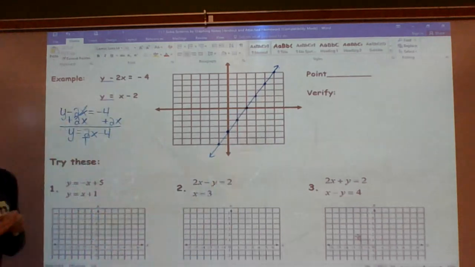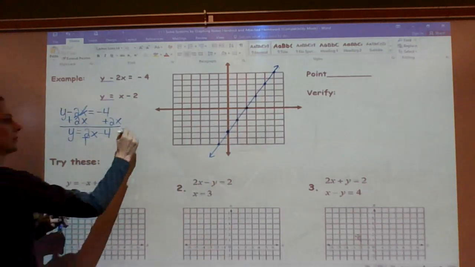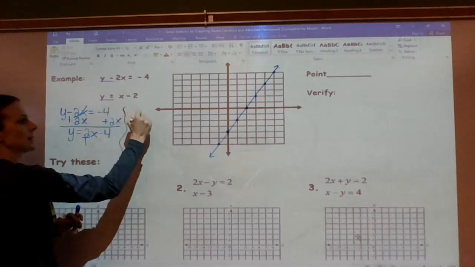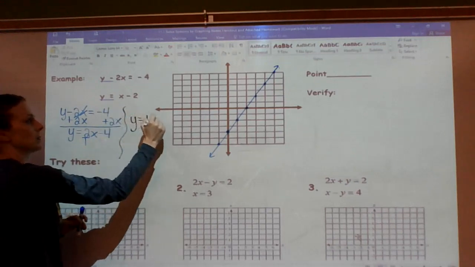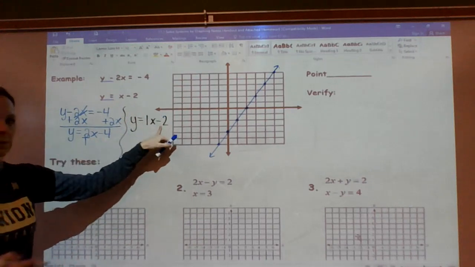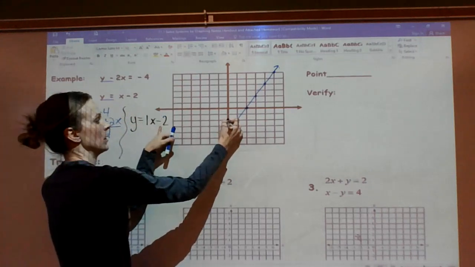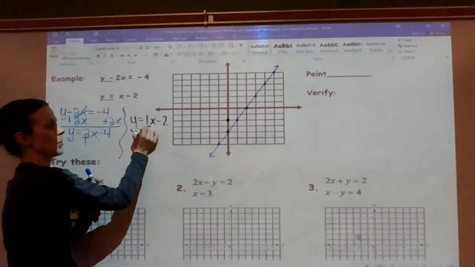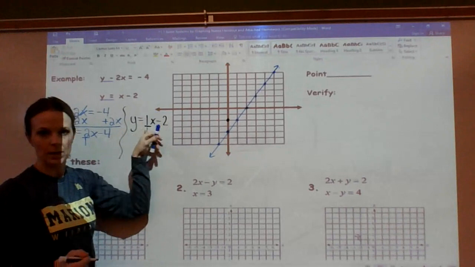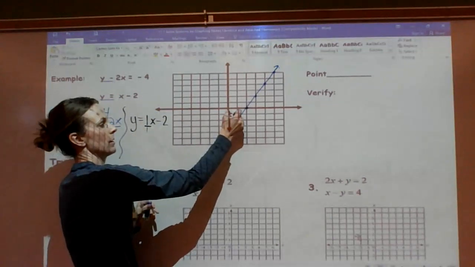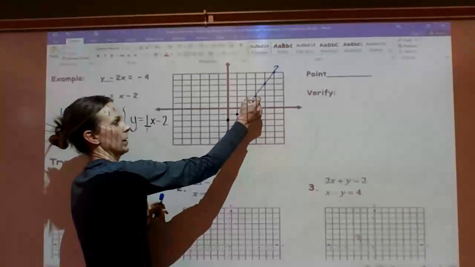Okay. Now your second equation was y equals x. I'm going to go ahead and put a 1x in front of it so we can see the slope. All right, plot your y-intercept at -2. And then we're going to do a slope of 1. And again, I'm going to put it over 1 so that I know to rise 1 and to run 1. So I'm going to go up 1 over 1, up 1 over 1.